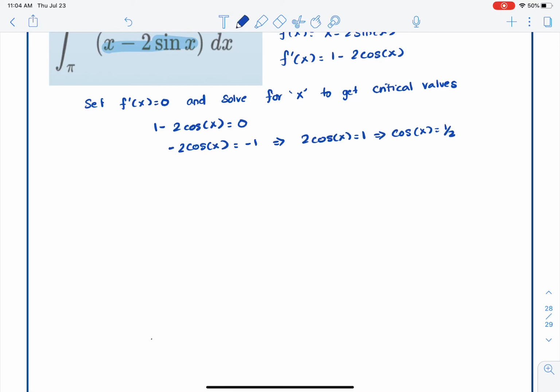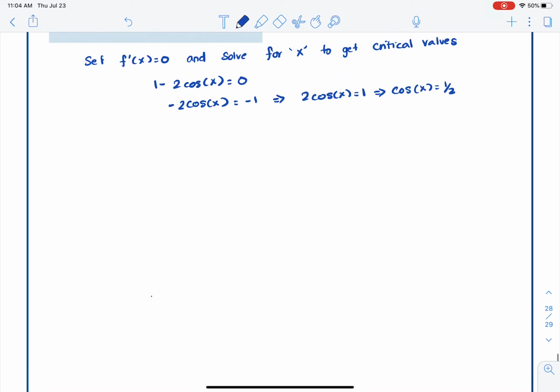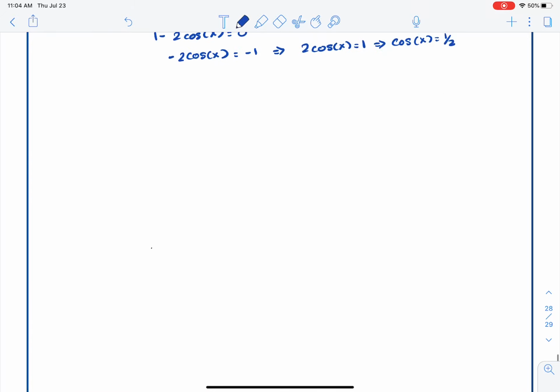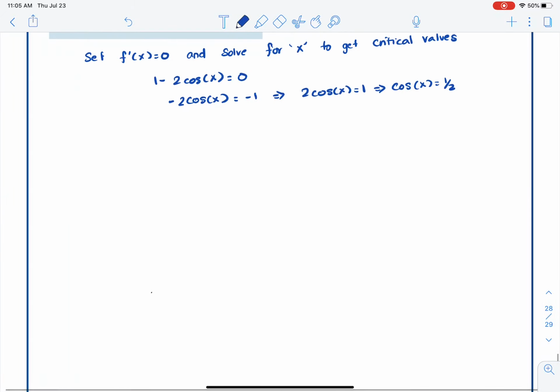We could use the calculator to find where it's going to be 1 over 2. We know that cosine is positive in the first and the fourth quadrant, so obviously x has to be pi over 3, and in the fourth quadrant it'll be 2 pi minus pi over 3, so that would give us pi over 3 and 5 pi over 3.